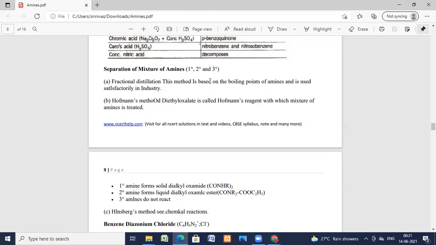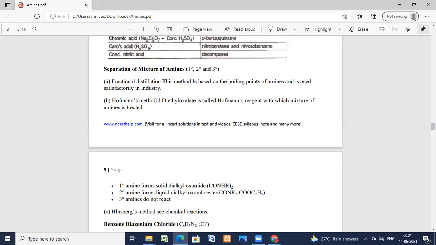Fractional distillation is based on the boiling points of the amines and is used in industries. In Hoffman's method, diethyl oxalate is the reagent, and this is the way we separate the primary and secondary amines.